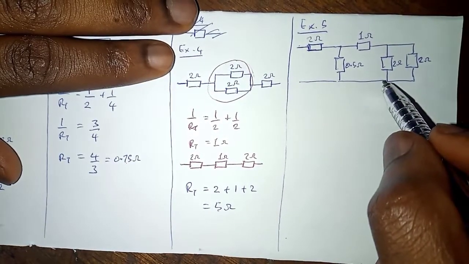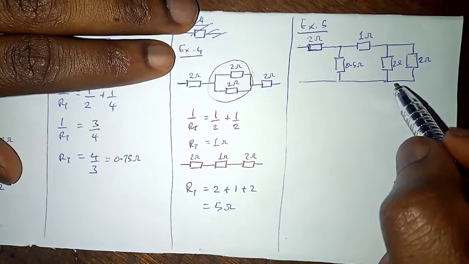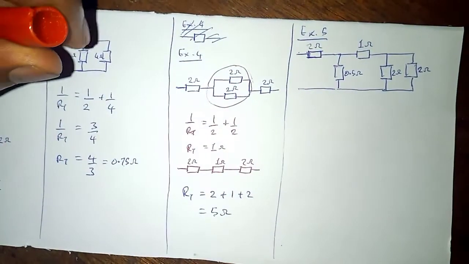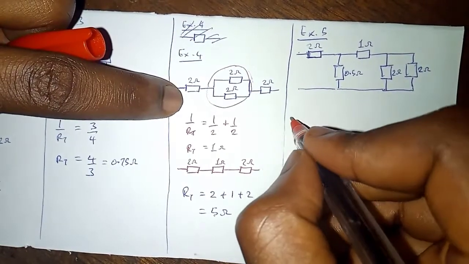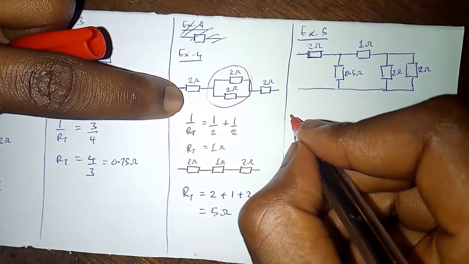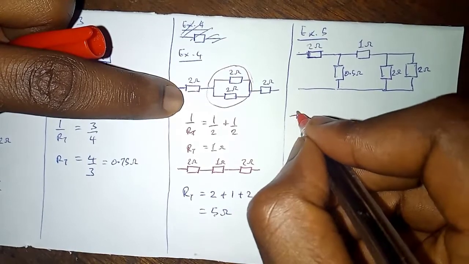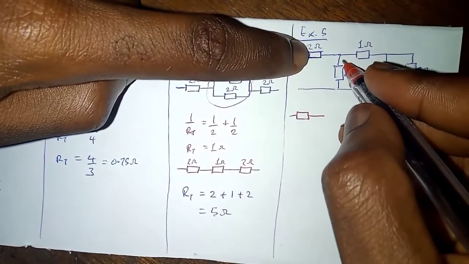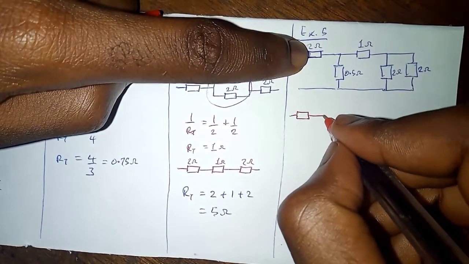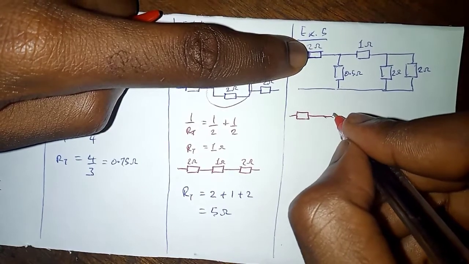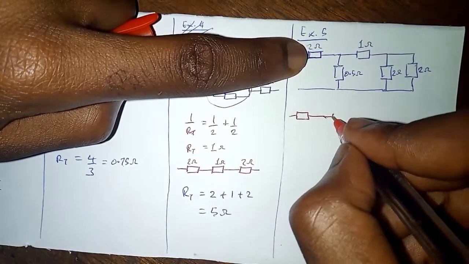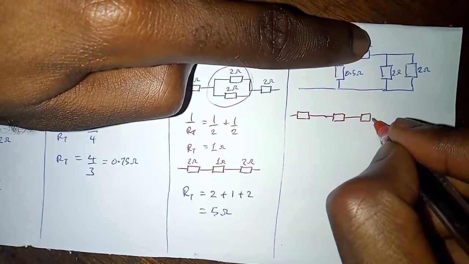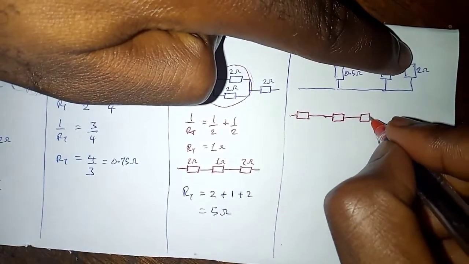Now this might look complex, but let's take it one at a time. If I redraw this, I'll have a circuit that looks like this. This resistor, pulling out, I have this other resistor, this other resistor.